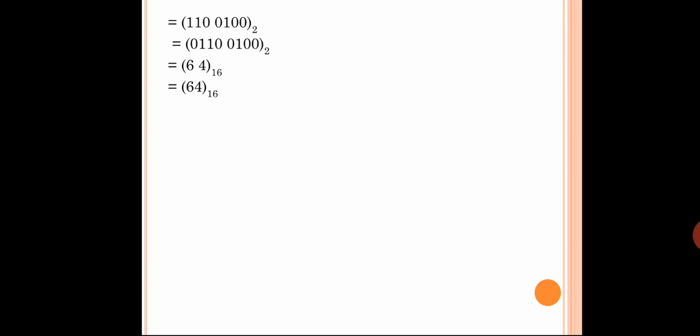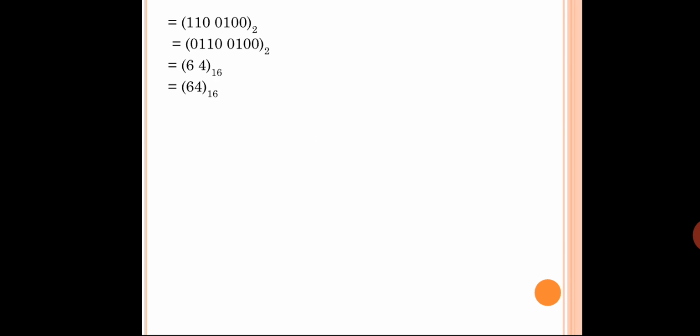From where did they get 6 and 4? Can anyone say? From the right-hand side again, 0 1 0 0 is nothing but 4. You can refer to that table. If you don't want to go for the position value, go back to the previous video and refer to the last table, that 0 to 15. I have given the table, isn't it?